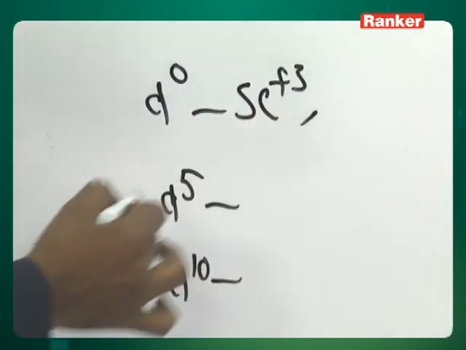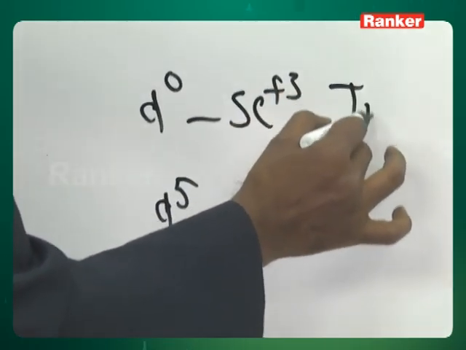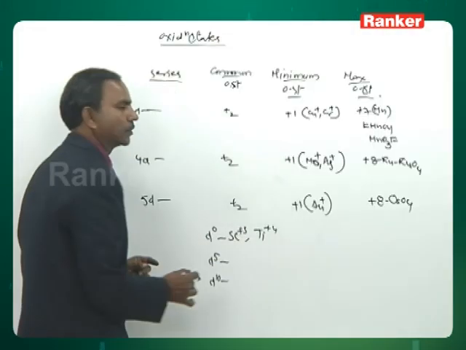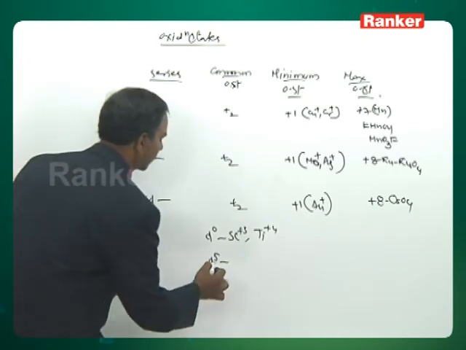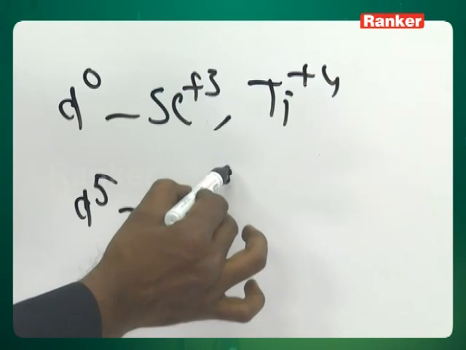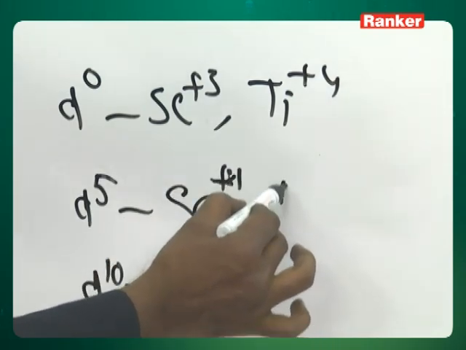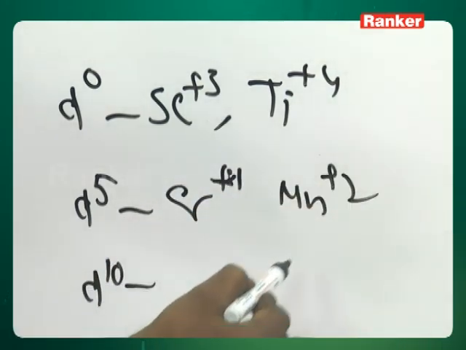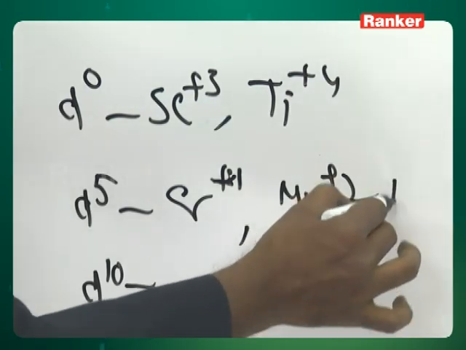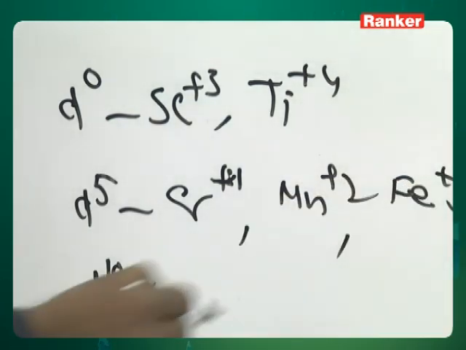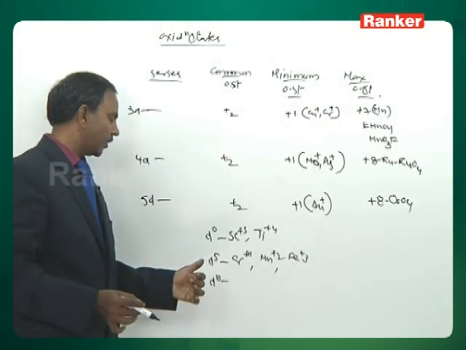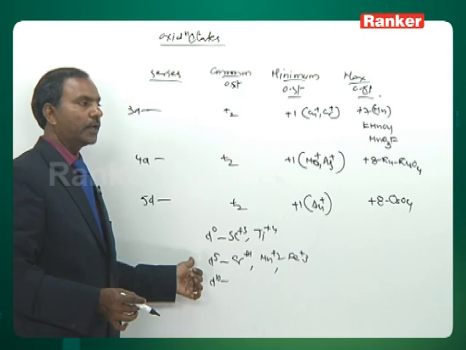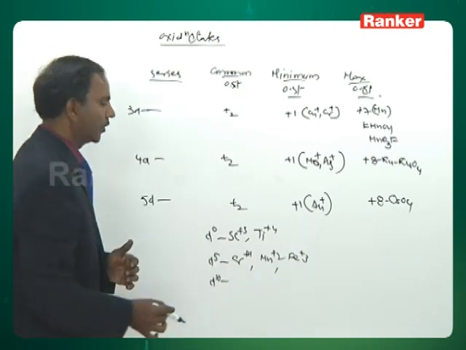Consider scandium +3 and titanium +4, both d0; these two oxidation states are stable for scandium and titanium. Chromium +1, manganese +2 and iron +3 have the stable d5 configuration, so we consider them stable oxidation states.